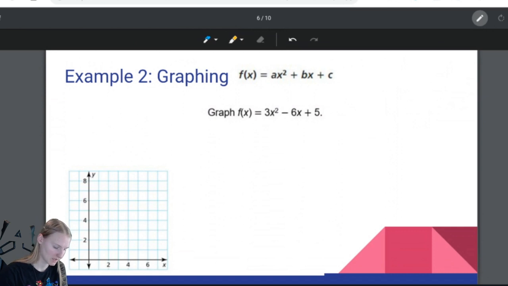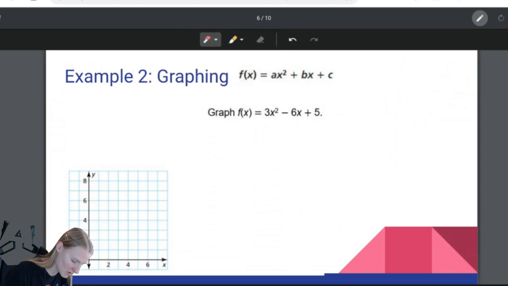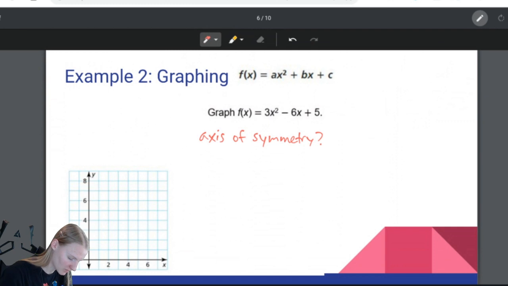So, let's do that. First thing we're going to do is find where my axis of symmetry is. So we're basically going to do what we did in the last problem and then a little bit more. So the axis of symmetry is -b over 2a.